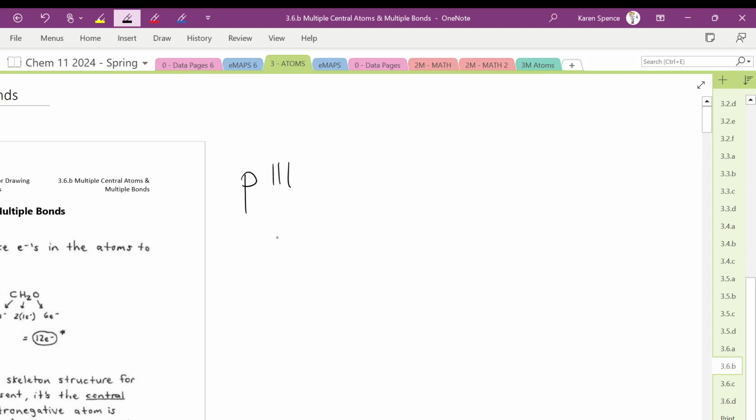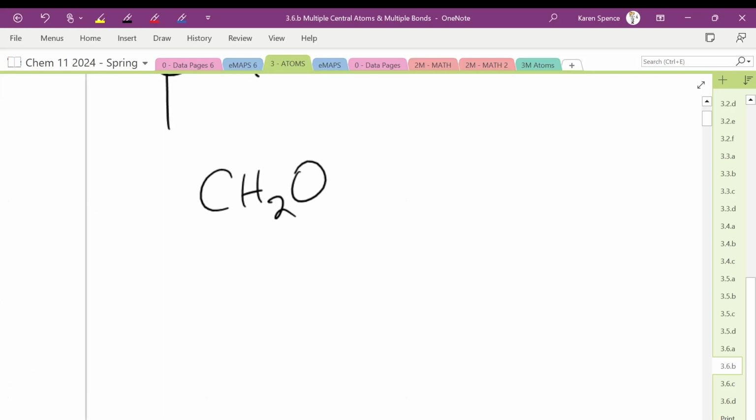And we're going to start with CH2O. Tell your partner what step number 1 is. Count. What are you counting? Valence electrons. How many valence electrons in carbon? 4.